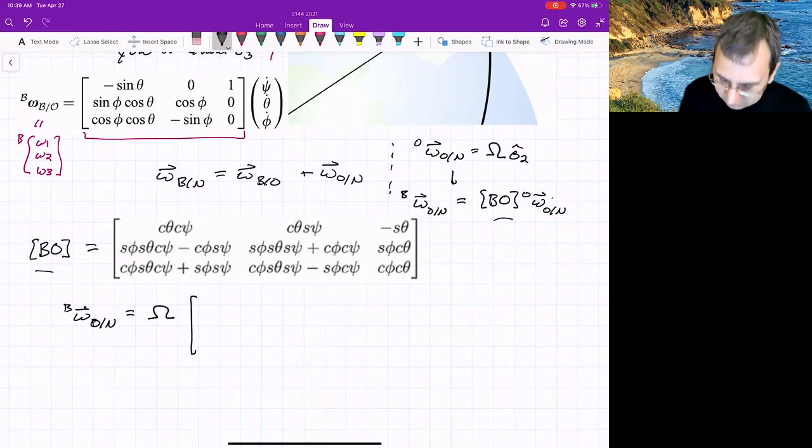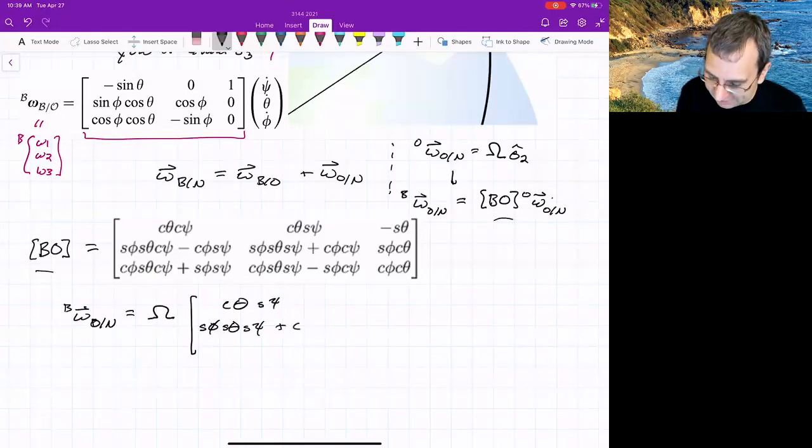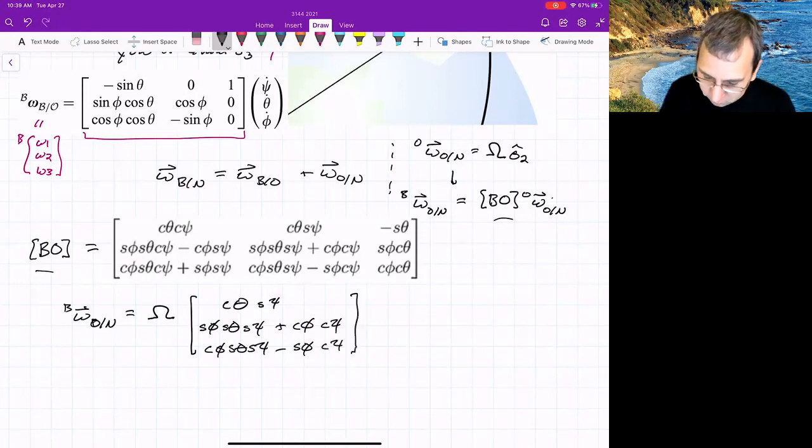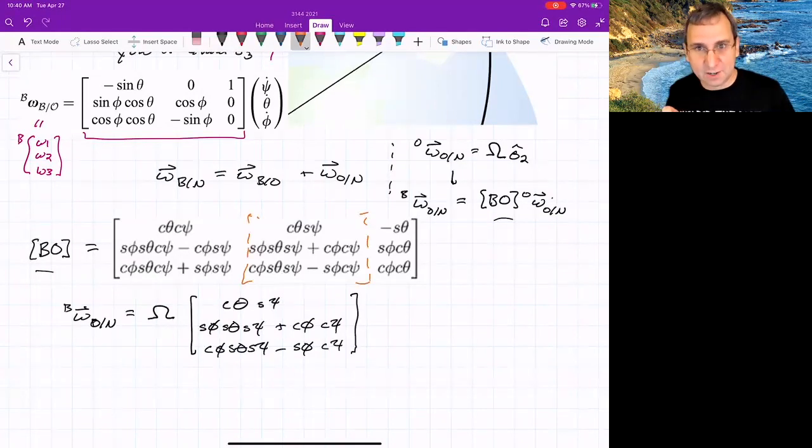It's C theta S psi, S phi S theta S psi plus C phi C psi, C phi S theta S psi minus S phi C psi. What we've done is just picked out the second column of the BO. And if you remember the definition of BO in terms of dot products of B directions and O directions, that makes sense. So this is what we've got.